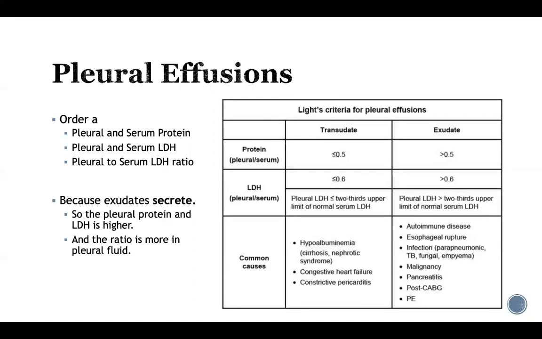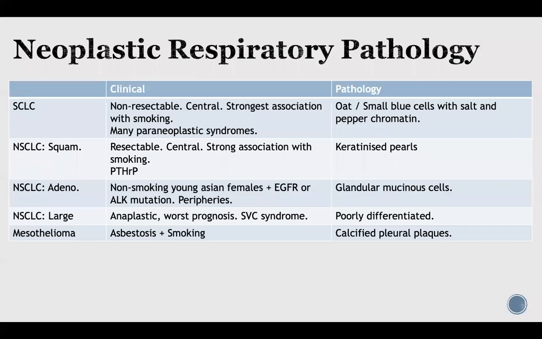If it's something to do with the heart, liver, or kidneys, it's more likely to be a problem with managing fluid. If it's a problem that's infective, inflammatory, or malignant, then it's more likely to be a problem that your lungs are actually secreting something out. It could be pus, it could be malignant cells or something. So this is just for your PAF exam.